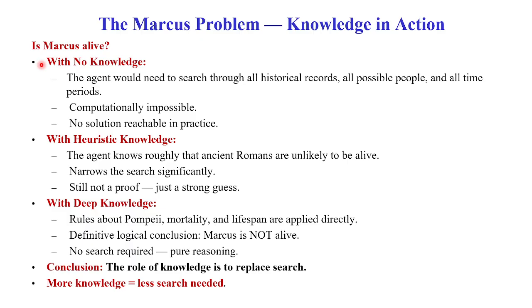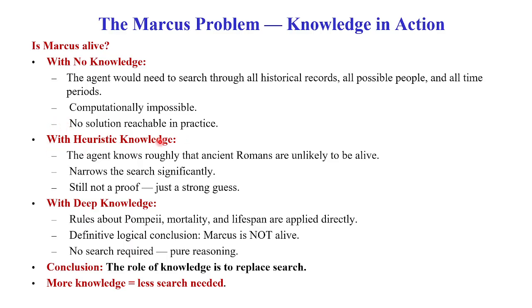We know three types of knowledge: no knowledge, heuristics, and deep knowledge. Supposing the agent has to answer this question, is Marcus alive, with no knowledge, the agent would need to search through all historical records, all possible people, and all time periods. So it's computationally impossible. We cannot find it. It's a very long time. No solution is reachable in practice.